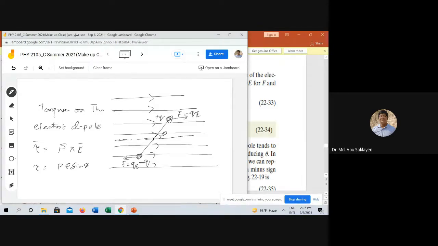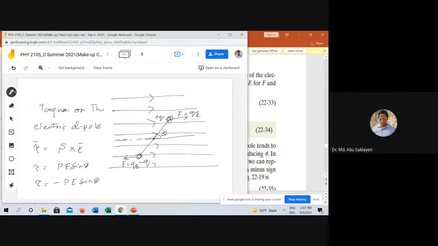And usually, if the dipole rotates clockwise, we consider it negative, so minus PE sin theta. Do you have any confusion up to this?